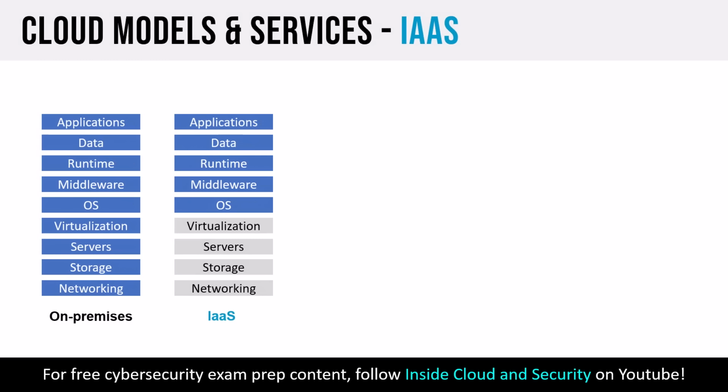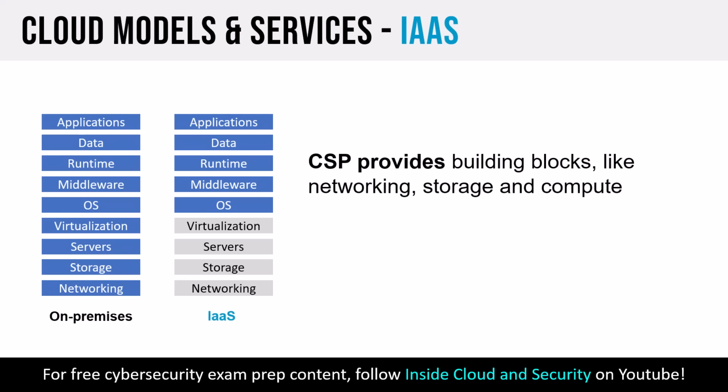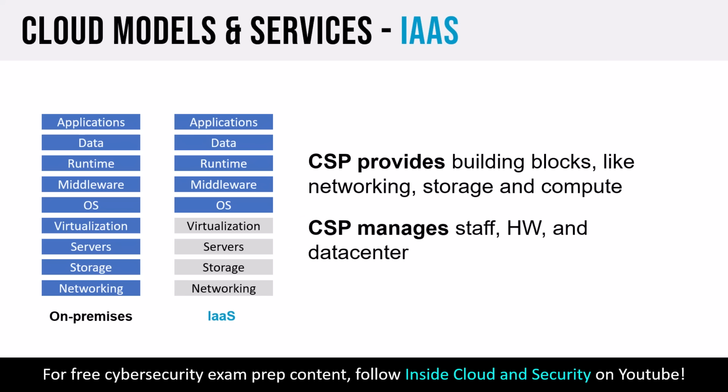In terms of responsibility, the CSP is providing the building blocks: networking, storage, compute, the facilities, the hardware, and the staff to manage it all. The customer becomes a consumer and is free to focus on innovating in their business, and some of this utility functionality is pushed off to the CSP. All your major CSPs have an IaaS offering.